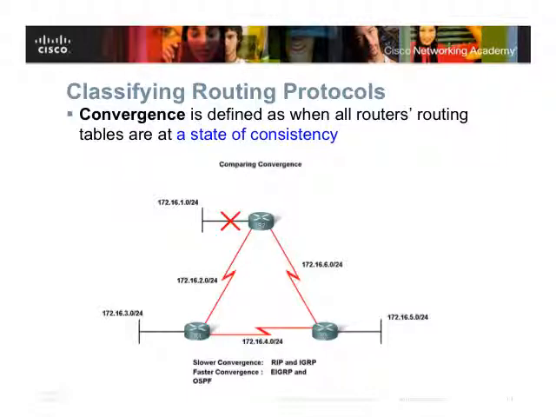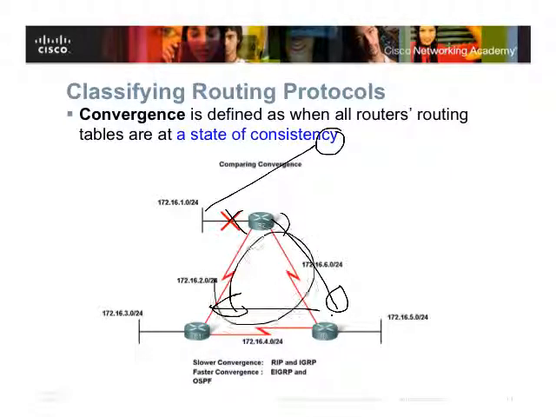Maybe this network is actually connected to another router, which is not directly connected to R2. So if this link is down, router 2 will say, I have a very large distance to this network, so I will send it to router 3. Router 3, by mistake, decides that, again, I don't have a direct connection to this network, but I know that you may be able to go through router 1. And then the loop happens.